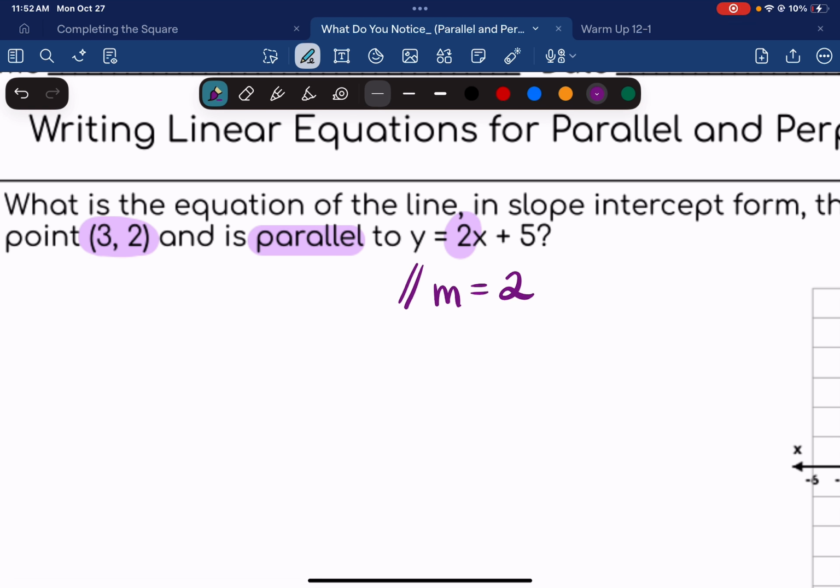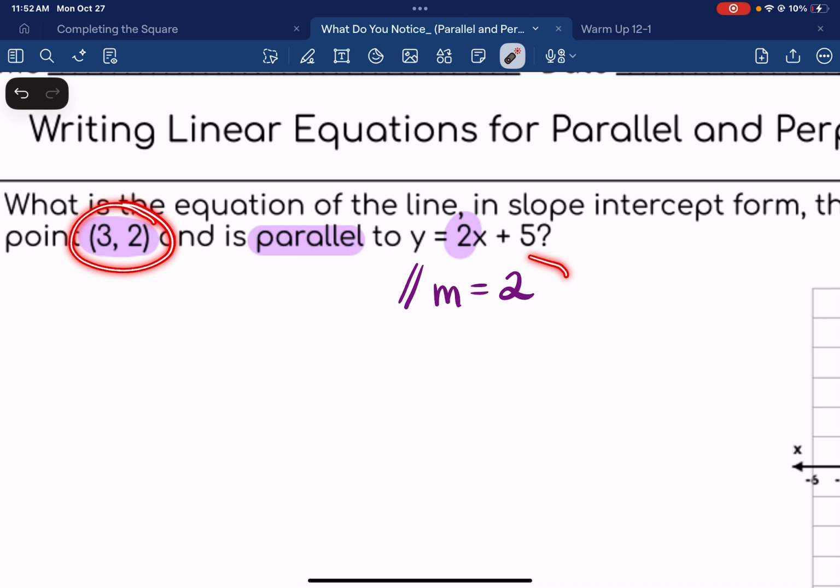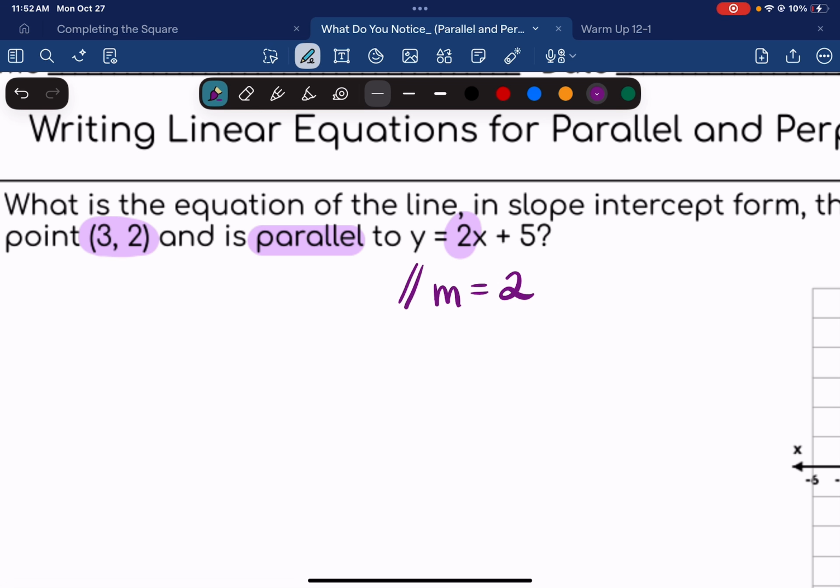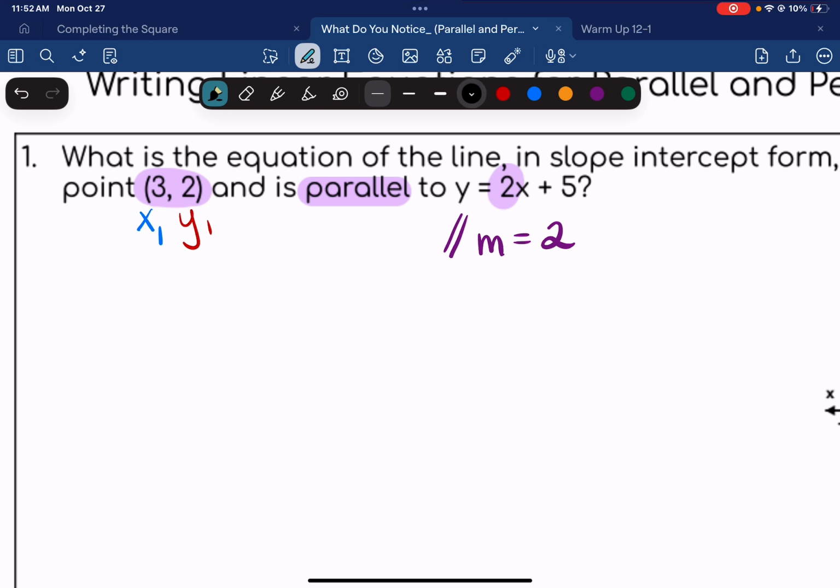If I give you guys a point and a slope, then you're probably going to need to start in point slope form. So let's go ahead and label our point x1, y1. And the formula for point slope form of a line, remember, is y minus y1 equals m times x minus x1.